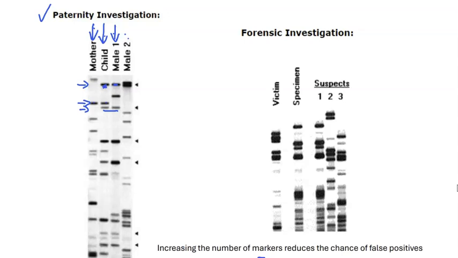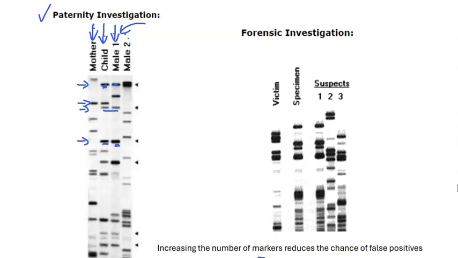showing once more that male 1 appears to be the father. If we come down to this position here, we find that the child's band here, this piece of DNA, is also present within male 1. And so we have an increasing number of markers within our paternity investigation which are suggesting that male 1 is the father.